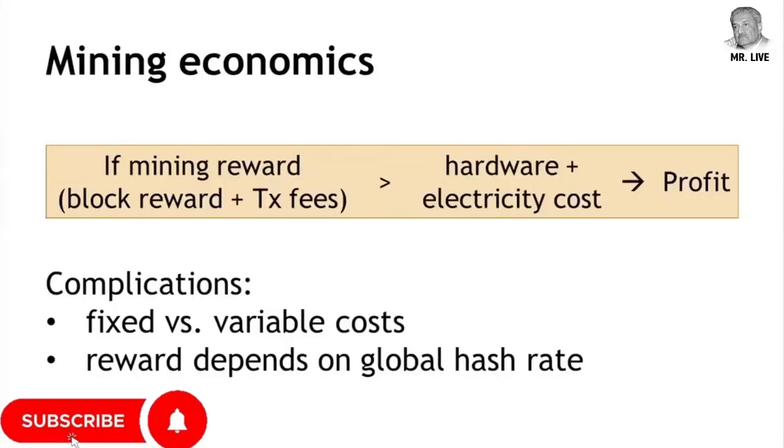Another complication is that the costs the miner incurs are in terms of dollars or whatever currency they're using, whereas they're rewarded in terms of bitcoins that are created or bitcoins that are transaction fees. So this equation is really going to depend on what the exchange rate of Bitcoin is doing at any given time.